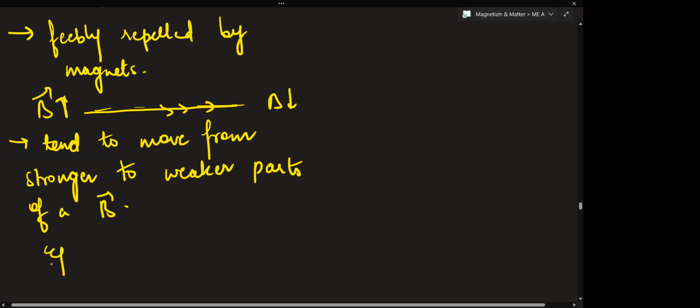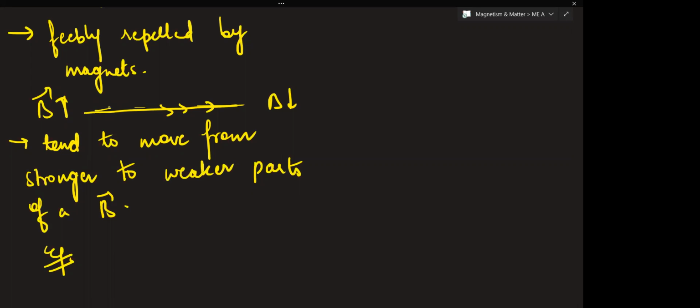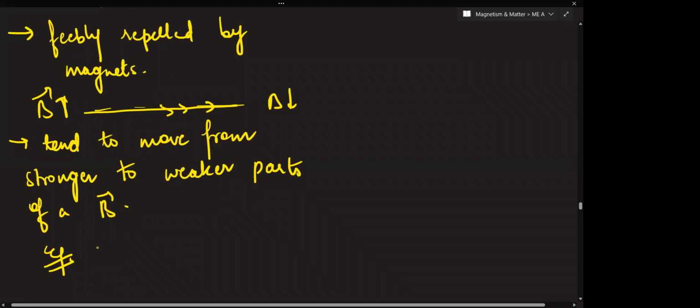So different examples are there. Even you have this in your chemistry. I think it was included in solid state. So most of the metals and our conductors are diamagnetic substances.